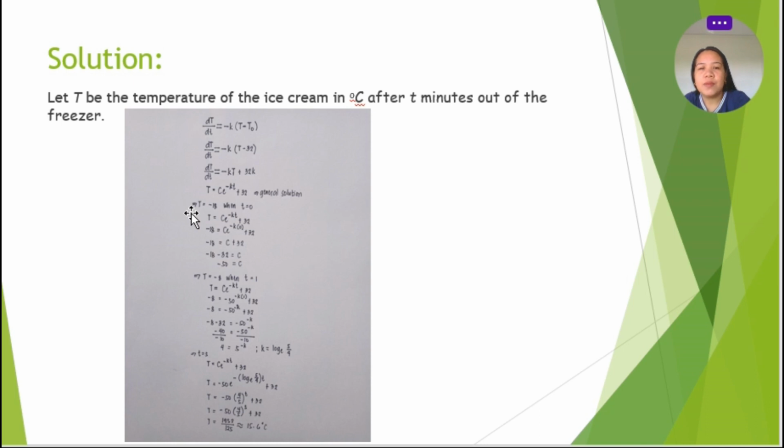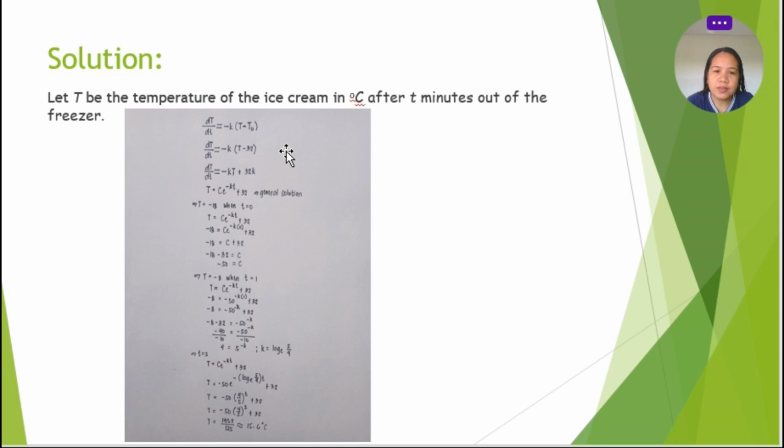Let T be the temperature of the ice cream in degrees Celsius after t minutes out of the freezer. So we will use the formula for Newton's law of cooling and warming, which is dT over dt equals negative k times (T minus T sub 0). Substituting the given, we have dT over dt equals negative k times (T minus 32).